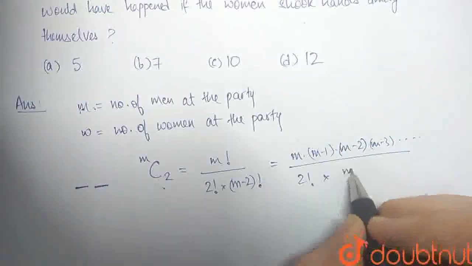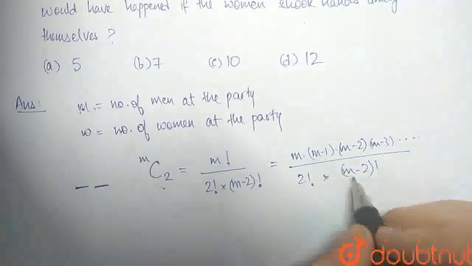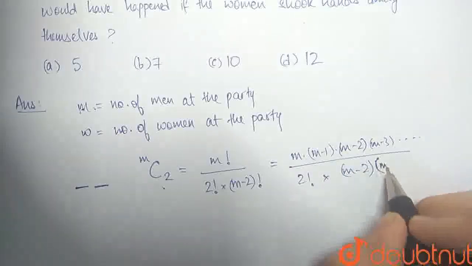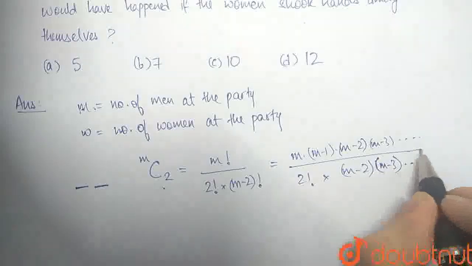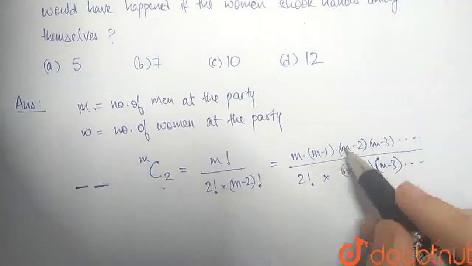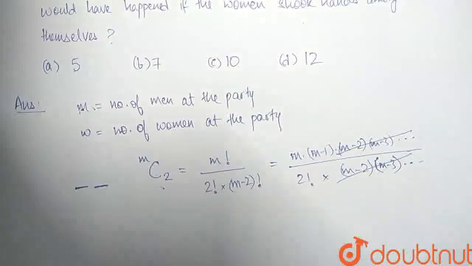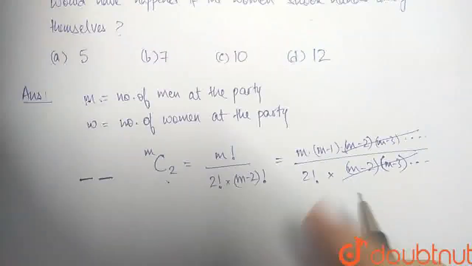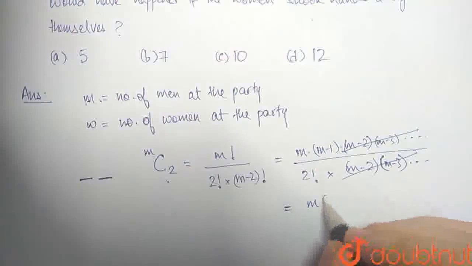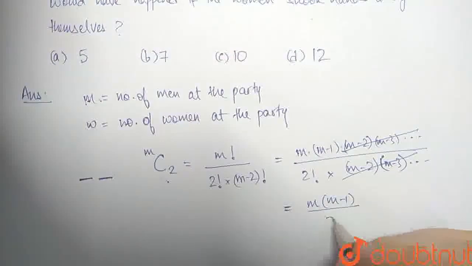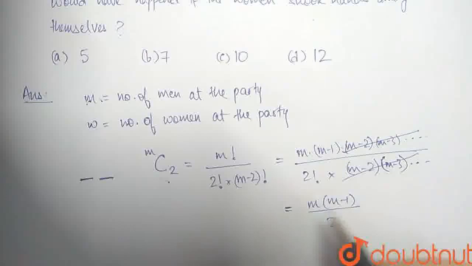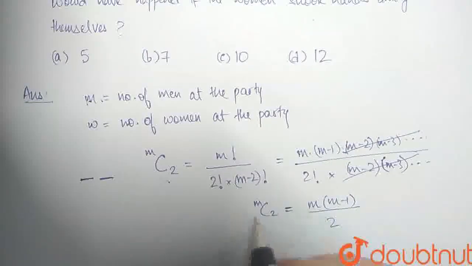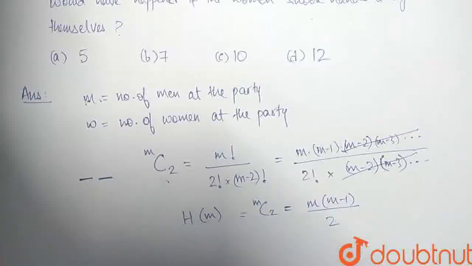This denominator I'll keep as it is, or M minus 2 factorial also I can open up, so it becomes M minus 2, M minus 3, and so on, like both are decreasing. What you see here is these two terms cancel out, they're the same. So what we're left with here is M times M minus 1, and 2 factorial, which is 2. So this is MC2, or the number of handshakes that men had, or we can write men with men.